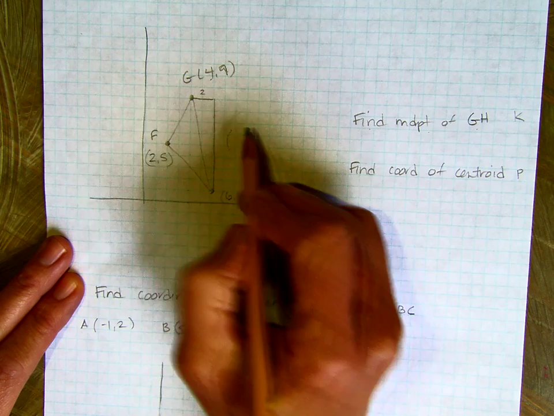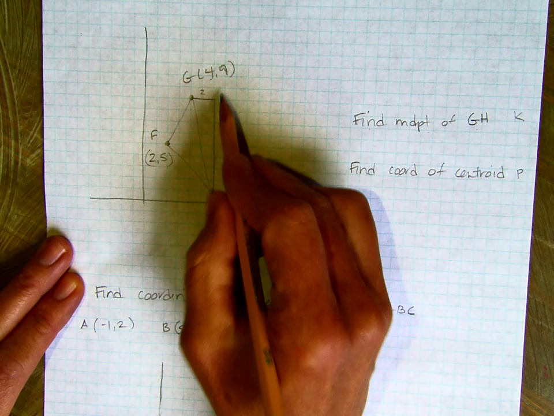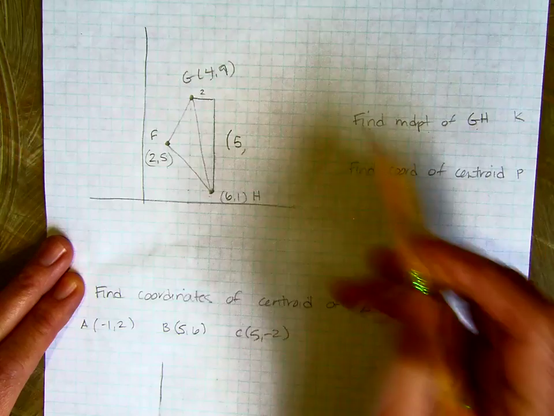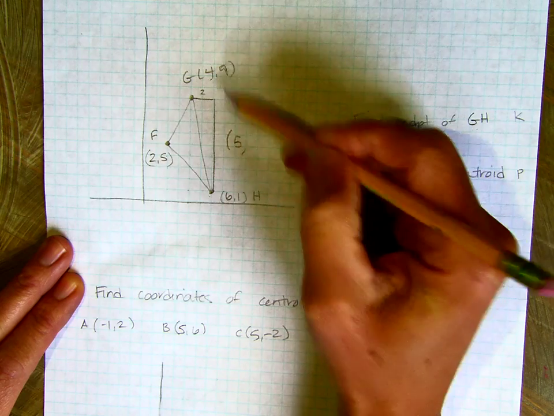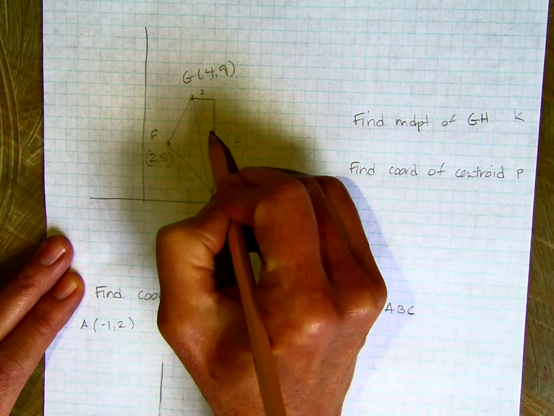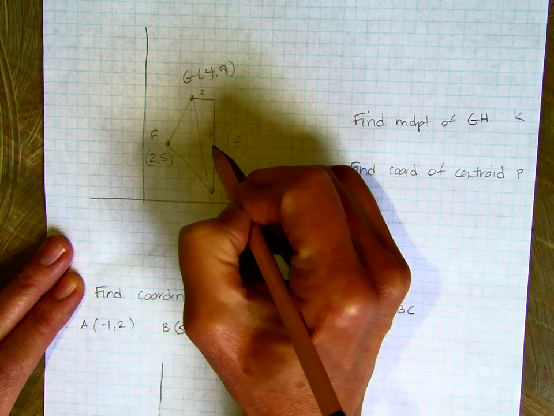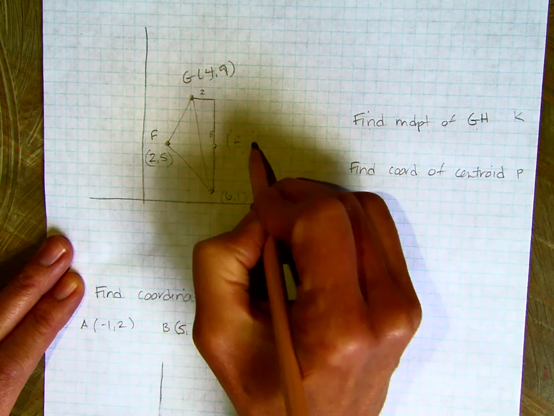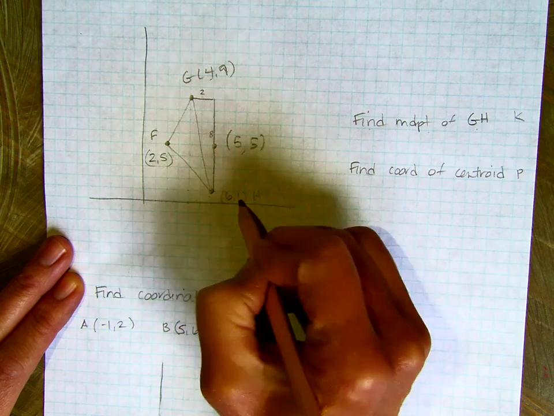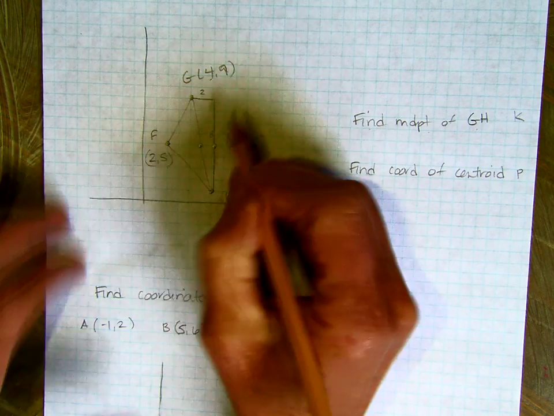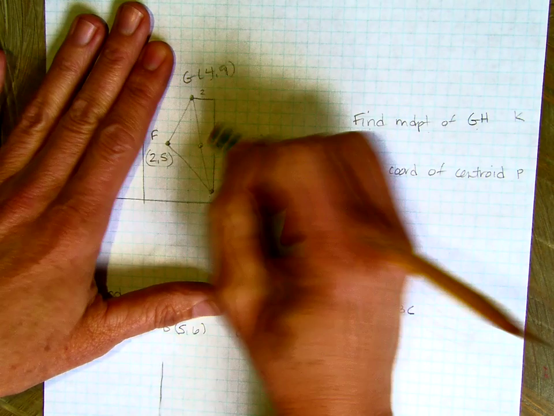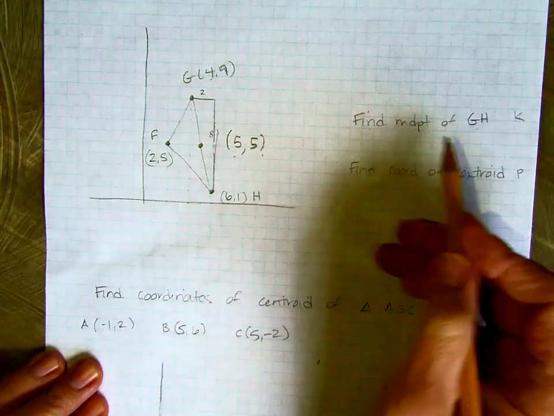It's 2. So if I only want to go halfway, I only want 1, so 5. And how far is it from 1 to 9? Well, that's 8. So if I only want to go halfway, 4. So 4 from 9 is 5, or 4 from 1 is 5.